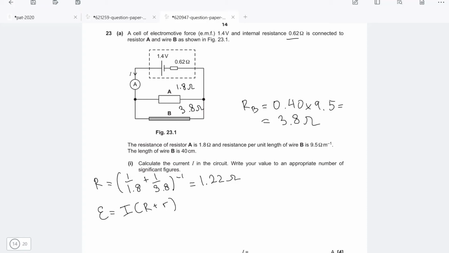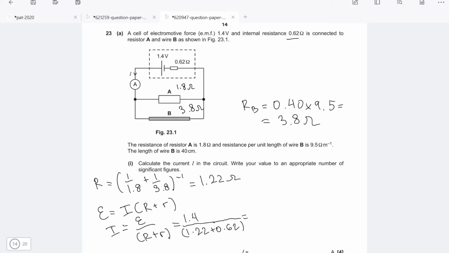Well, let's rearrange for the current, and what we're going to get is that the current is the EMF divided by R plus r, and our EMF is 1.4 and our R is 1.22 plus 0.62, which is the internal resistance of the circuit.